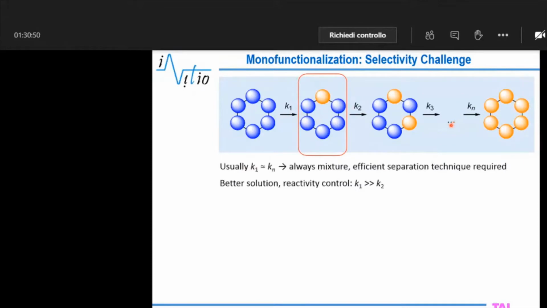And in general, because these rate constants are usually more or less the same, you always get a mixture, so it's unavoidable. And to get this monofunctionalized compound, you either need an efficient separation technique or a bit better solution, you can control reactivity. That means that as this reaction progresses, the reactivity should drop. So the rate constant, for example, in the second step should be lower than at the first step. That's the ideal case, how you can control it.